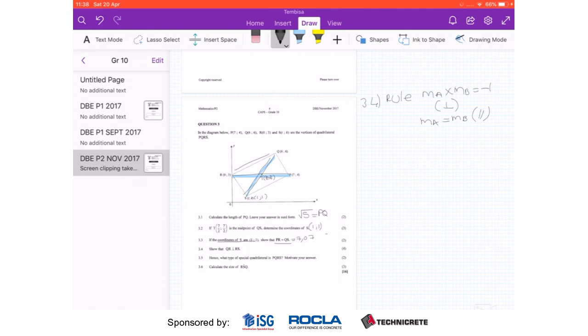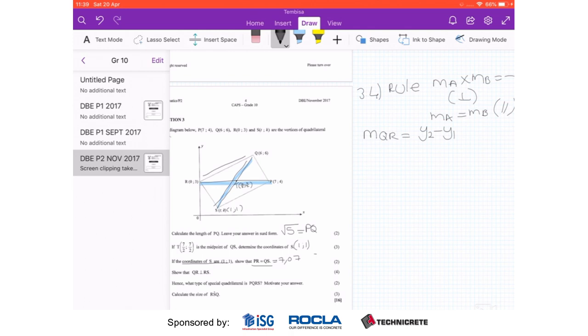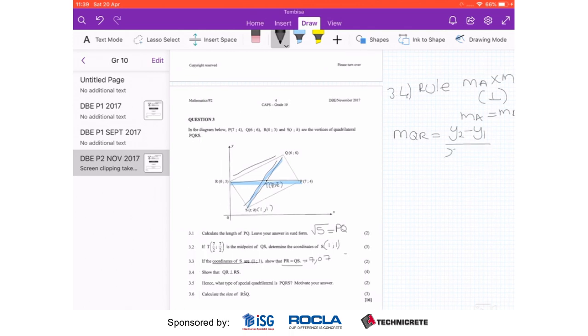Okay, so in order for us to prove them being perpendicular, we've got to find the gradient of QR first. Gradient formula, y2 minus y1 over x2 minus x1. Oh, I'm supposed to be putting the y values at the top, sorry about that.